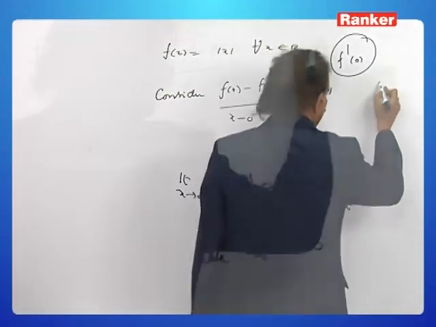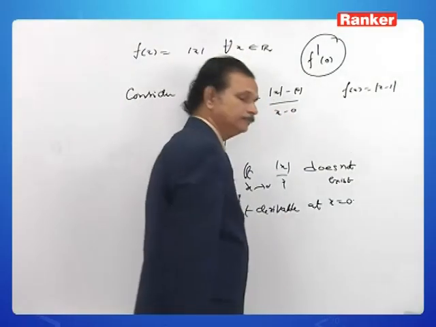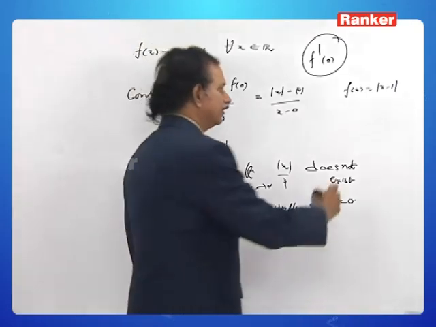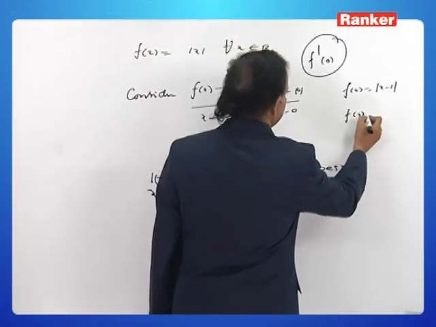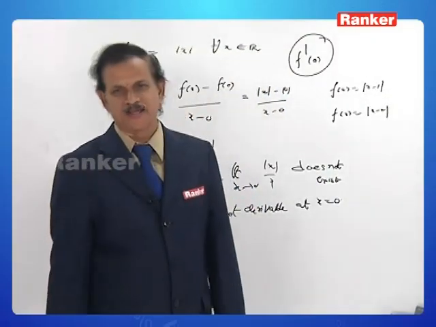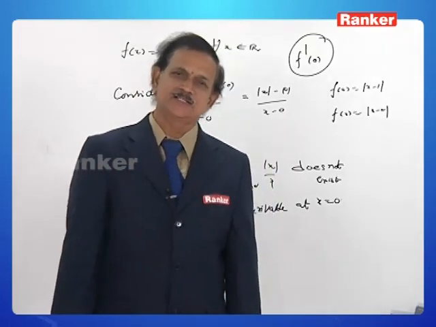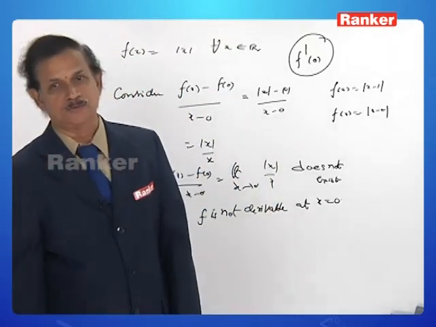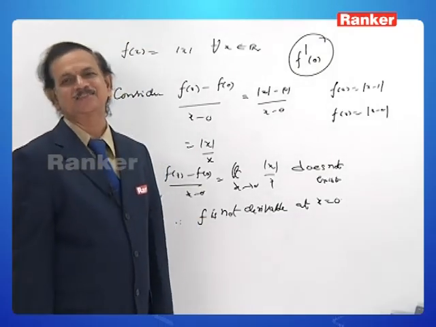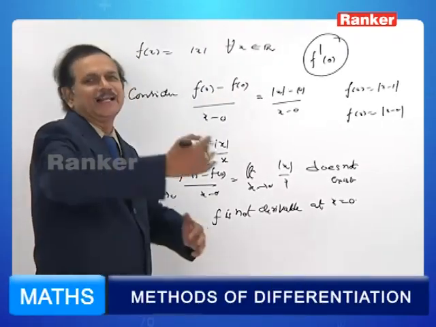One more thing, f of x equal to mod x minus 1 is continuous at x equal to 1, but not derivable at x equal to 1. f of x equal to mod x minus 2 is continuous at x equal to 2, but not derivable at x equal to 2. f of x equal to mod x minus a is continuous at x equal to a, but not derivable at x equal to a. You can keep reusing the result. Yes, this one result can be applied recurringly.